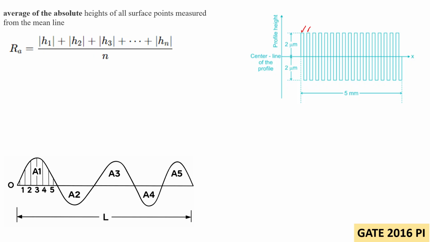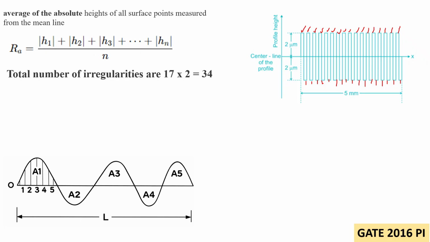1, 2, 3, 4, 5, 6, 7, 8, 9, 10, 11, 12, 13, 14, 15, 16 and 17. And below the mean line, 1, 2, 3, 4, 5, 6, 7, 8, 9, 10, 11, 12, 13, 14, 15, 16 and 17.